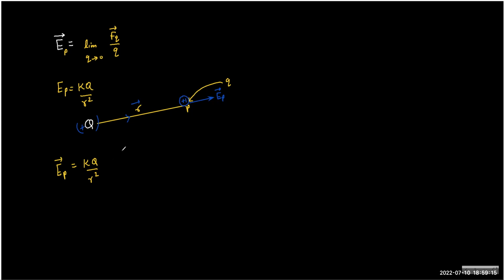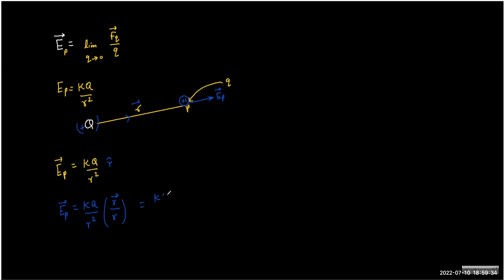That will be taken care of by the sign of the capital Q. So the way of writing is r cap because the directions are the same. So in vector notation, you can write KQ by r square into r vector upon r.